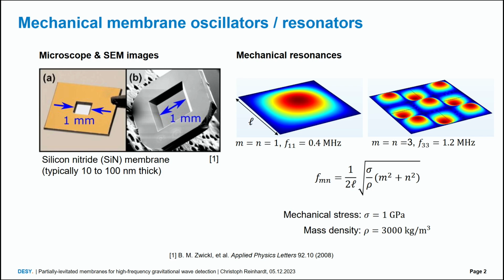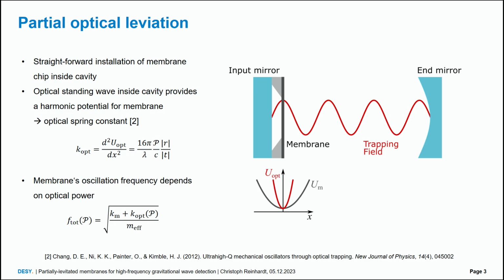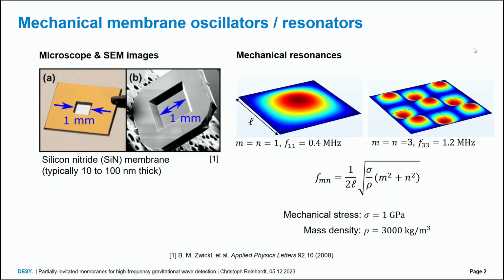And then the resonance frequencies are given here by this expression, where we have the lateral extent of the membrane, the tensile stress, and the mass density, and then we have these mode indices, which tell us the lobes that we have in each spatial direction, depending on the mode. And here for silicon nitride, we have this very high level of tensile stress, which is crucial, of about a gigapascal.